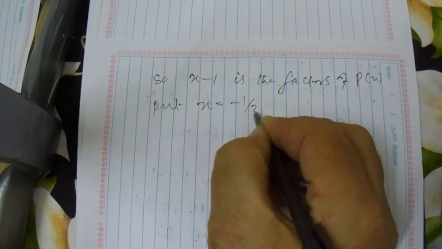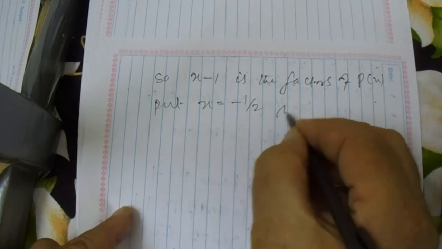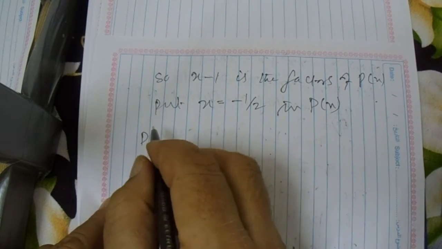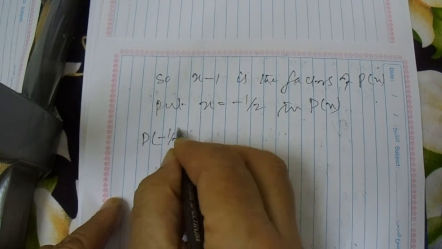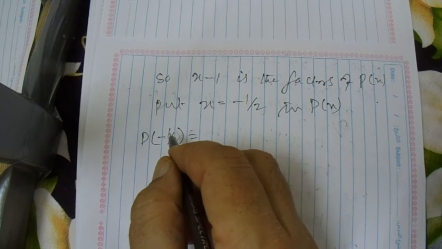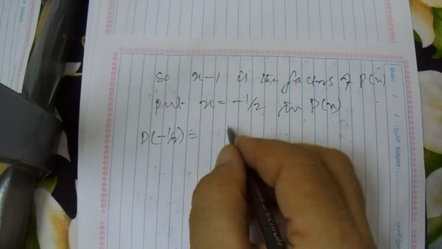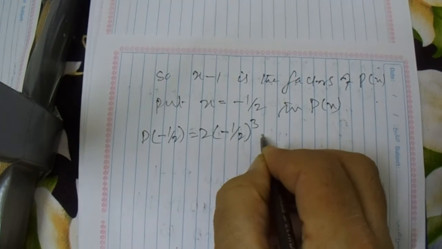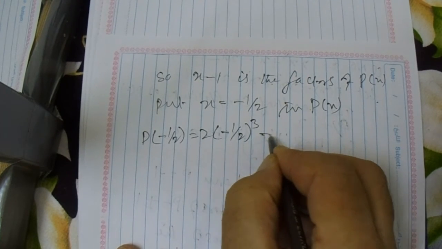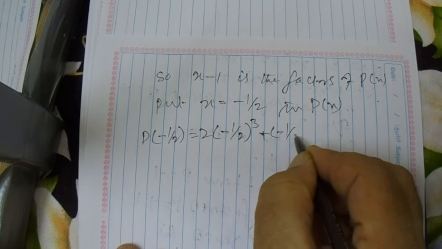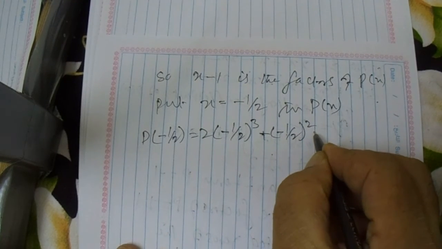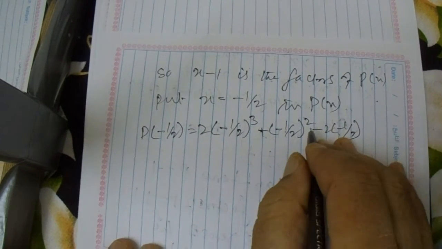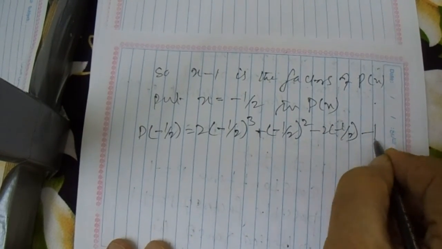And write here P(−1/2) = 2(−1/2)³ + (−1/2)² − 2(−1/2) − 1.